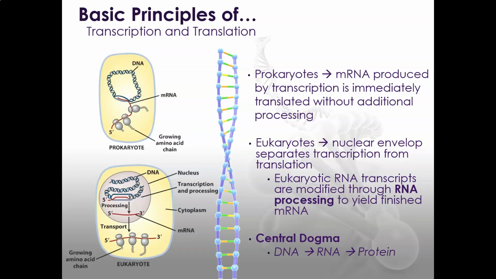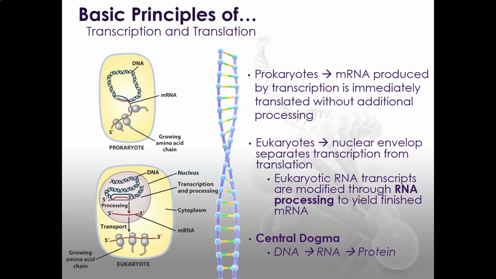But what does happen between transcription and translation in eukaryotic cells is that oftentimes we will go through this RNA processing step. And that RNA processing in certain situations does also allow for what we'll talk about as alternative splicing, so that we can mix up some components of that gene and not necessarily use all of it, or not necessarily use it all in the same order, to make similarly functioning proteins, but they're not identical.